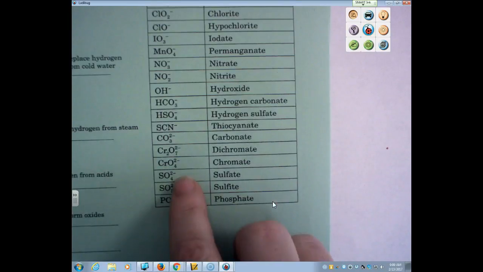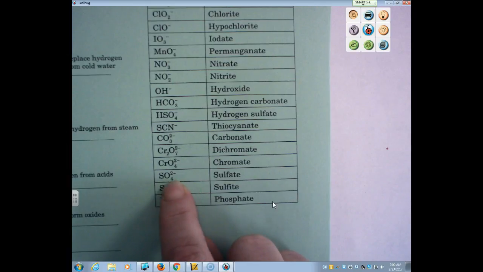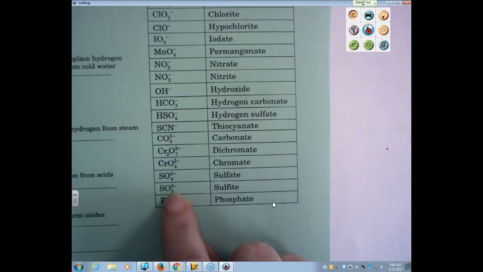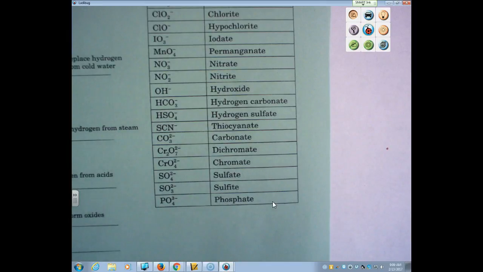Here we are with some different numbers, but still the same principle. Sulfate has 4 oxygens and sulfite has 3 oxygens. So that can help you out a little bit with memorizing these, but go ahead and get a good start over the weekend, and we'll start having quizzes next week. So study well.